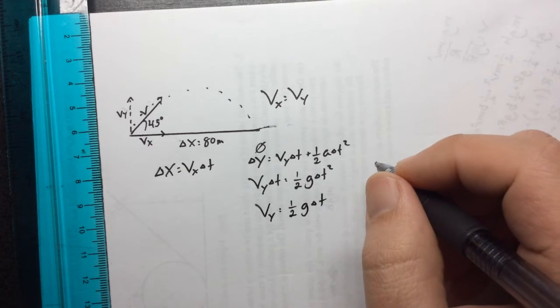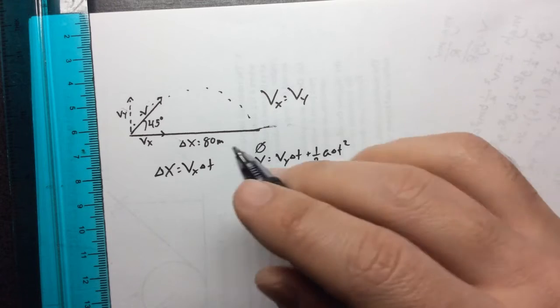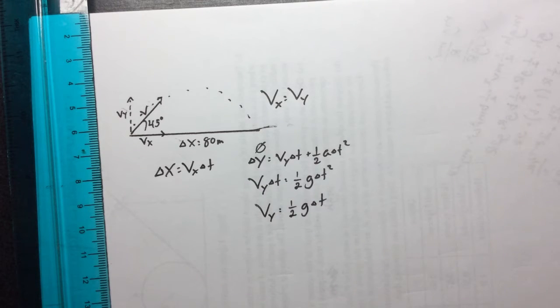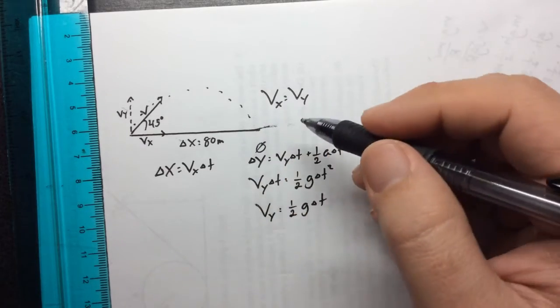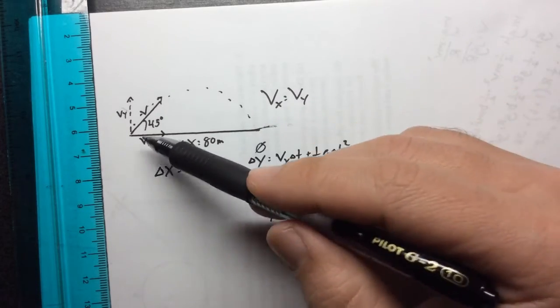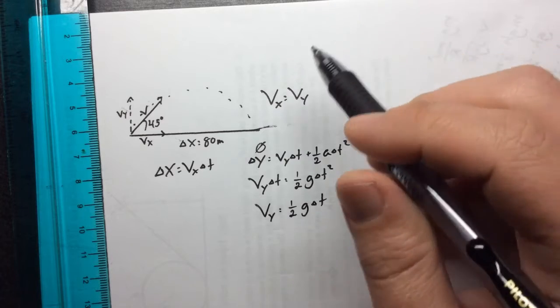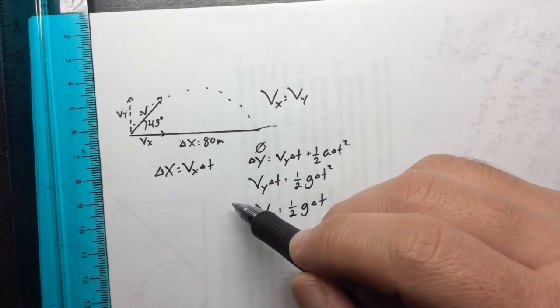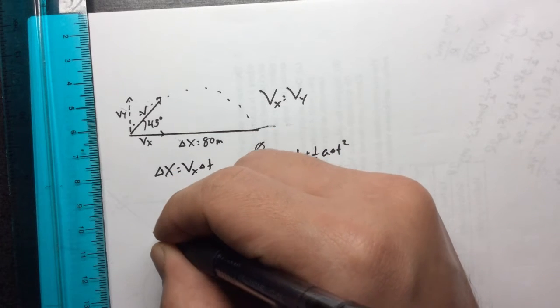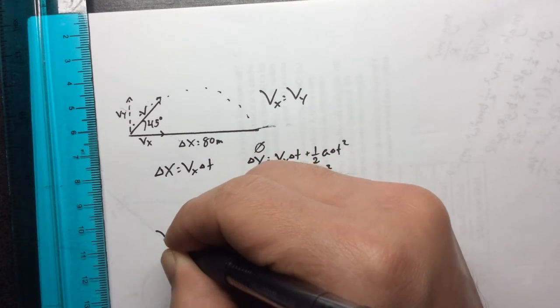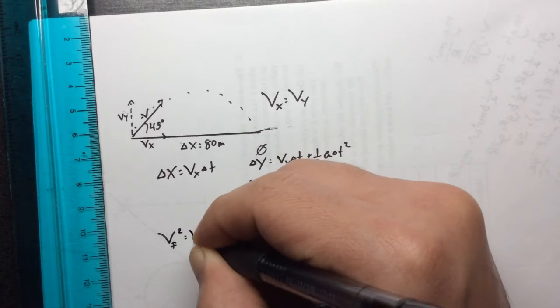All right. Moving on, if we want to find the maximum height, then we probably want to use an equation that doesn't have an unknown in it that we don't possibly know. We don't know Vx, we don't know Vy. We just have a number that is the 80 here. And so really, I should want to use the equation Vf squared is equal to V naught squared plus 2a delta y.